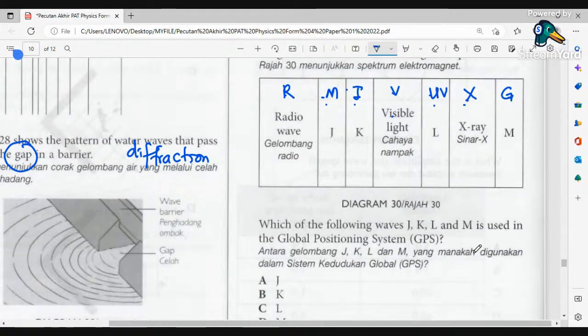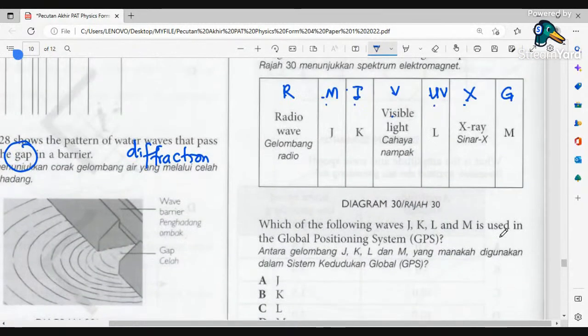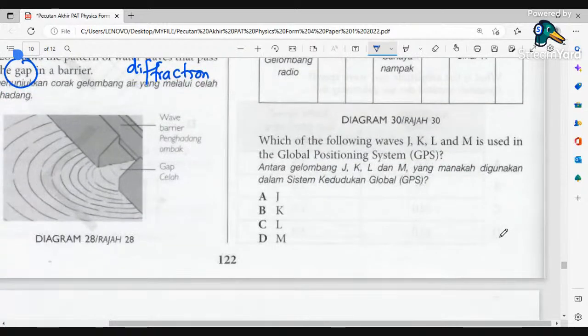Okay, which of following wave used in global positioning system, GPS, satellite communication? Okay, ialah microwave, so J. Why we use microwave?